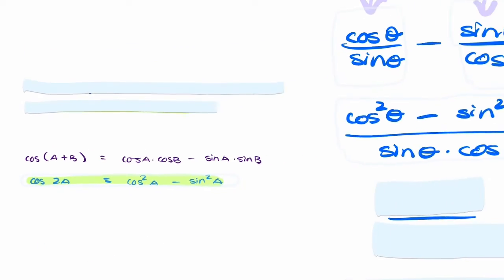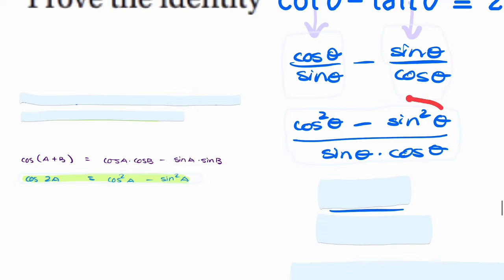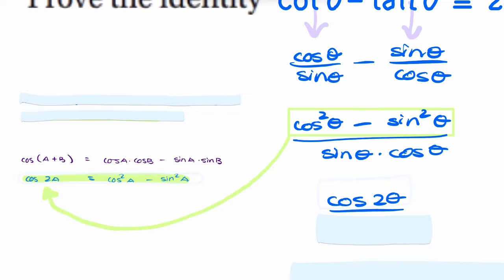So whenever we see cosine squared minus sine squared, we can replace that with cosine 2A. So let's put that in a box. That is going to be replaced with cosine 2A. Okay, so that's your numerator.